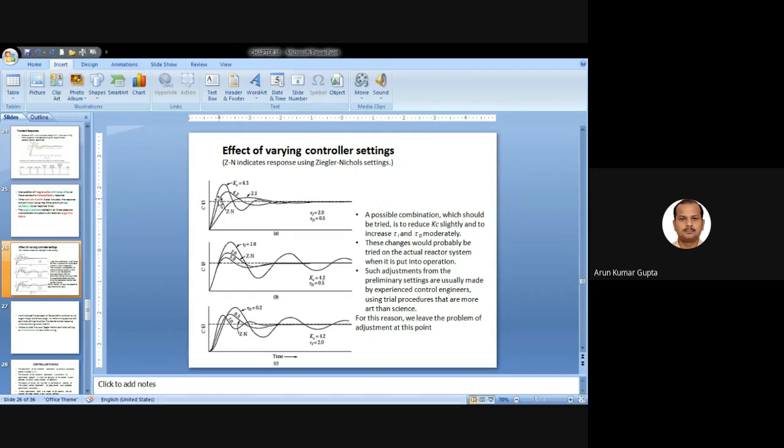This graph is taken by the Ziegler-Nichols setting, where tau I equal to 2 and tau D equal to 0.5 are kept constant, and we take Kc as the variable parameter. So it is plotted for Kc 6.3, 4.2, and 2.1. This plot is for three different Kc, keeping tau I and tau D constant.